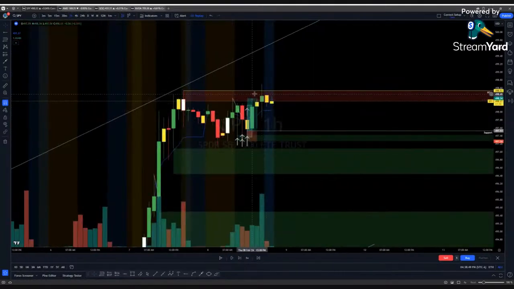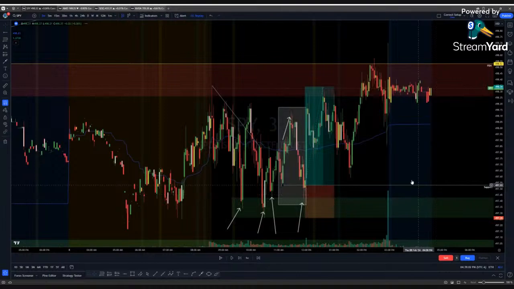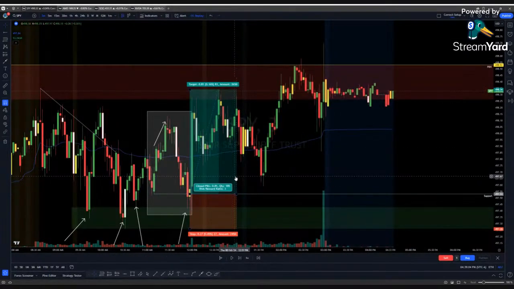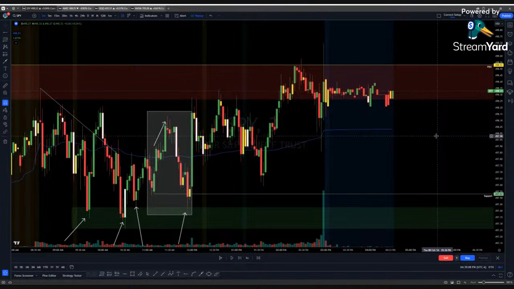So this is the high, and we didn't break above it until literally 2 p.m. So basically option premiums are decaying inside the zone. If you don't get a big move throughout the whole day, price is going to chop all day, and you don't want your premiums to decay.